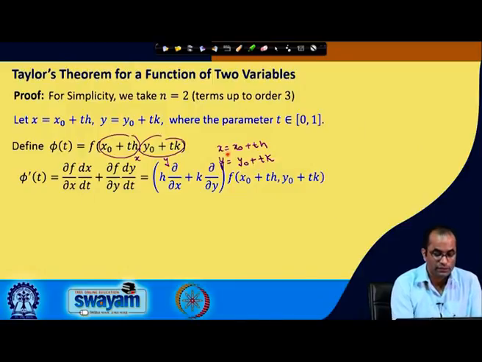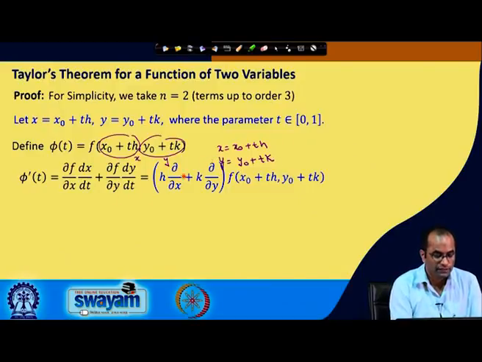Here x was x0 plus th, so dx over dt means only the h will remain. So this is h, times the partial derivative with respect to x. Then the derivative of y with respect to t will be k, times del over del y.